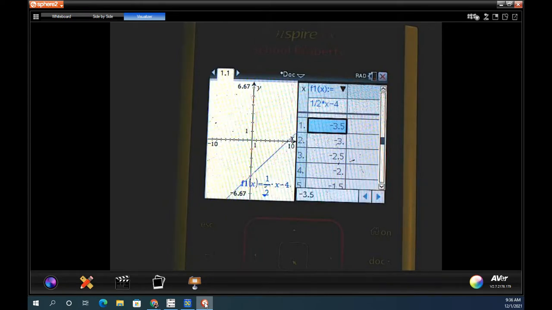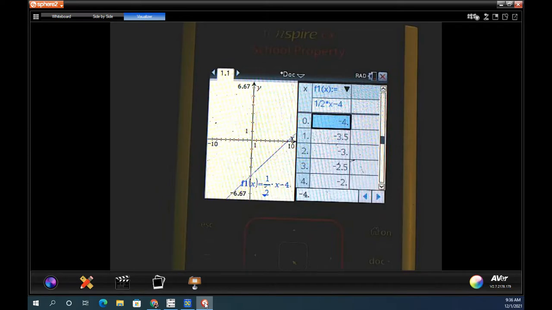All right, so here we go. 0, negative 4. That's 1 point. Now, find the next point you can put in. 2, negative 3.